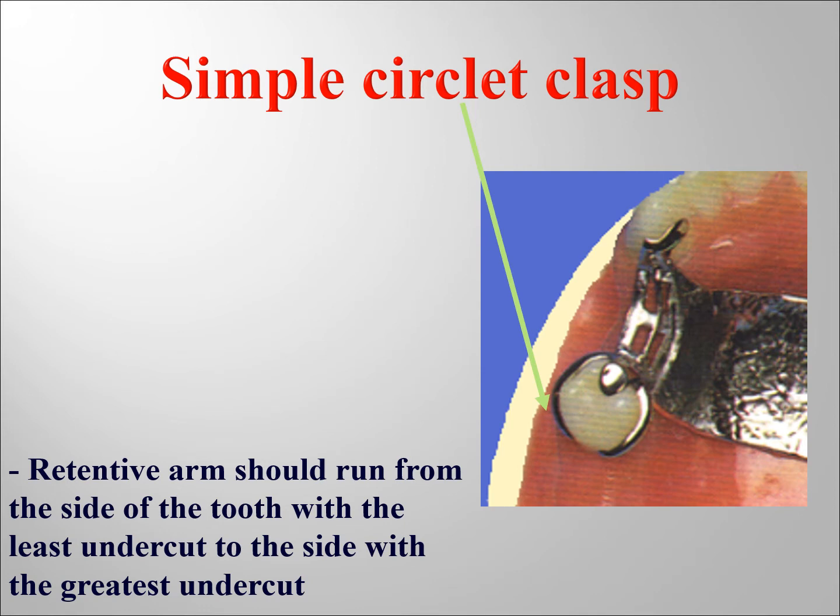This is a simple circlet clasp, and it's basically used for tooth-supported RPDs, again on molars mainly.